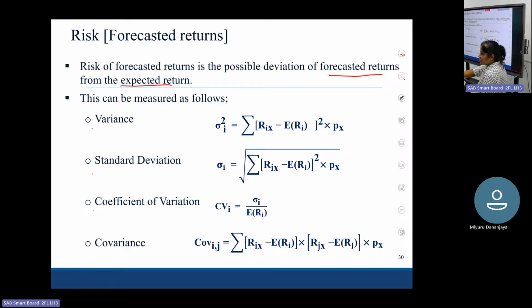Look at the previous one and this one, see the difference. In the previous, with the average return, when you are calculating the variance, how was that formula?